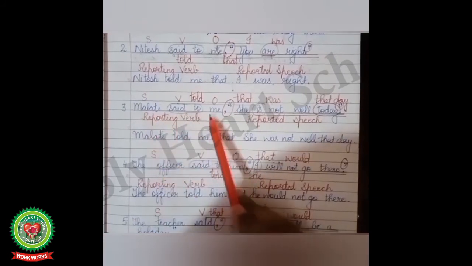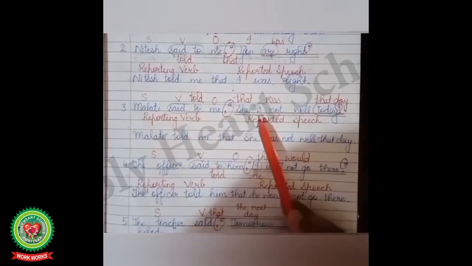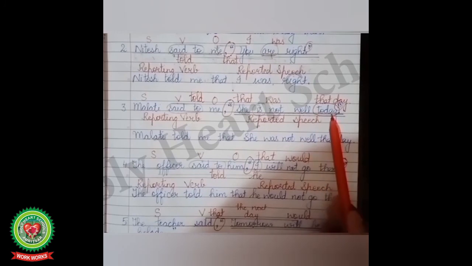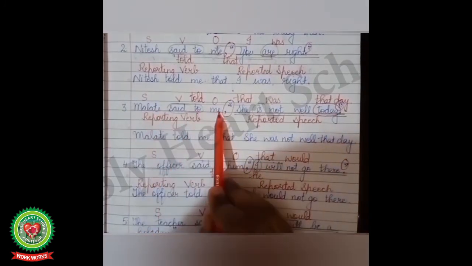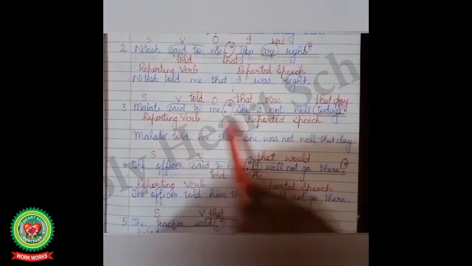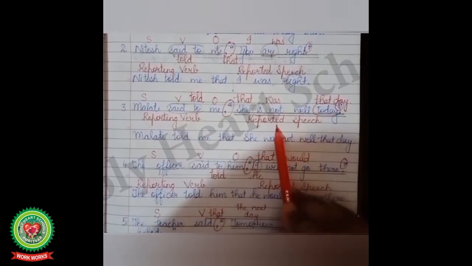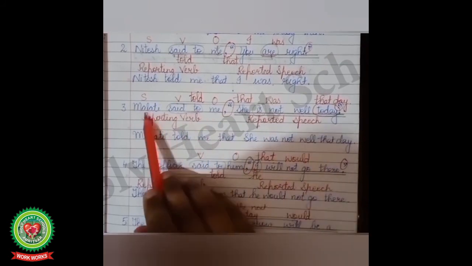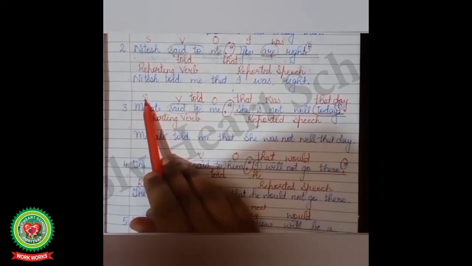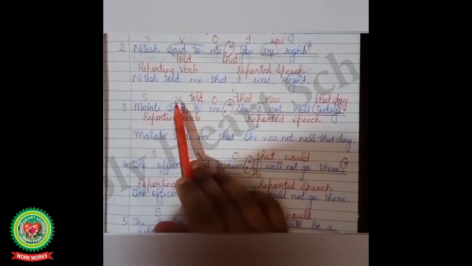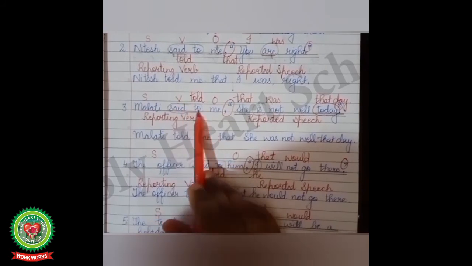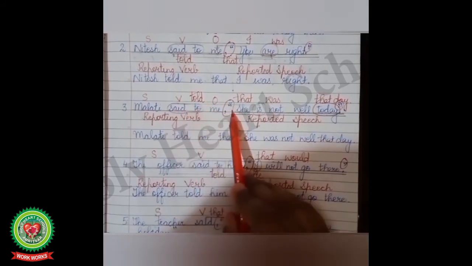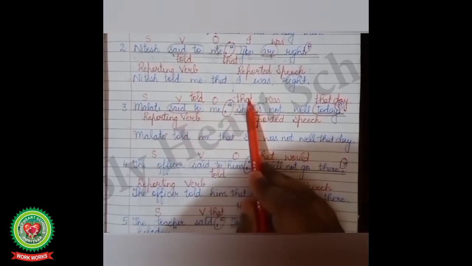Malti said to me, comma, inverted comma start, she is not well today. Full stop, inverted commas close. Malti said to me is the reporting verb, she is not well today is the reported speech. Who? Malti, so subject. Said, action word, so verb. To whom? Me, so object. Said to will change into told. In place of inverted commas, we use the word that.